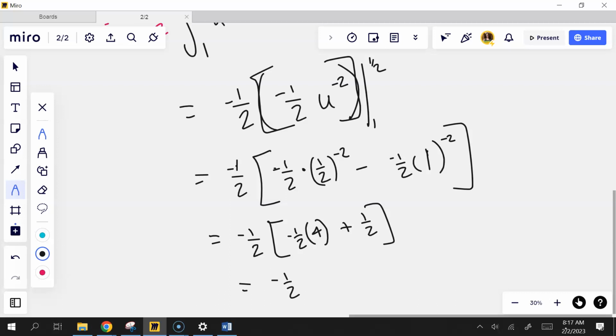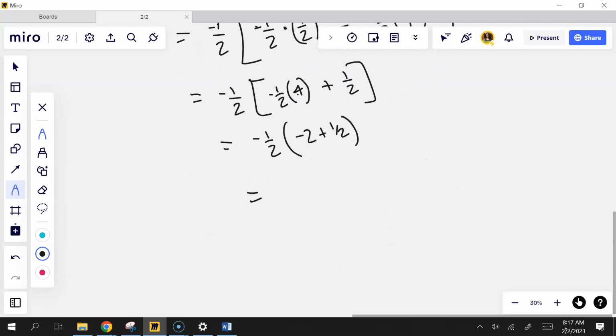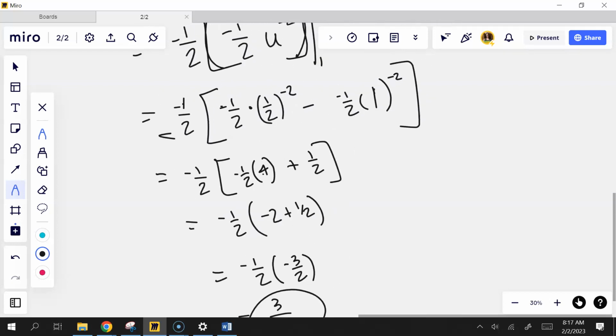Negative 1/2 times, this would be negative 2 plus 1/2. Is that the right answer? Whew. It was all this that got all confusing.